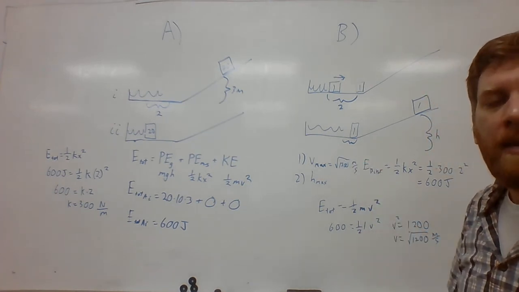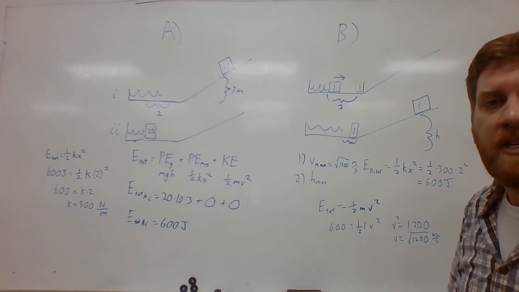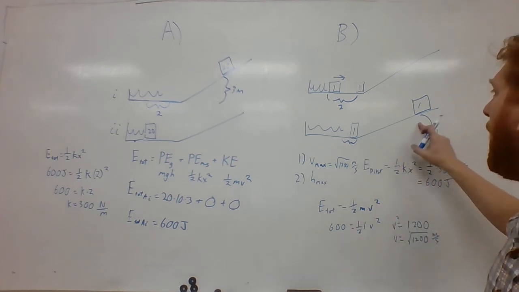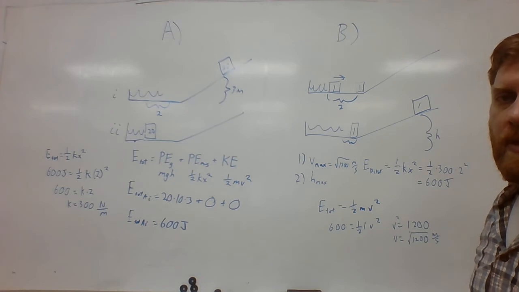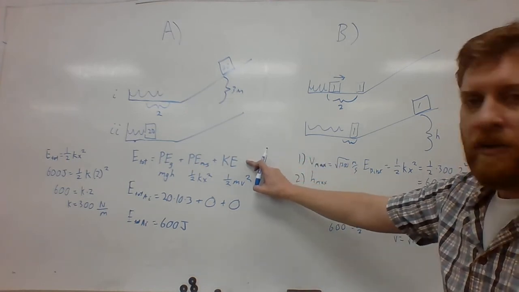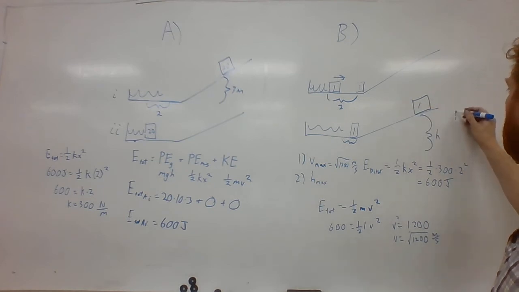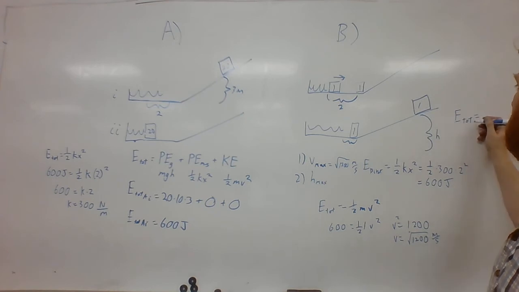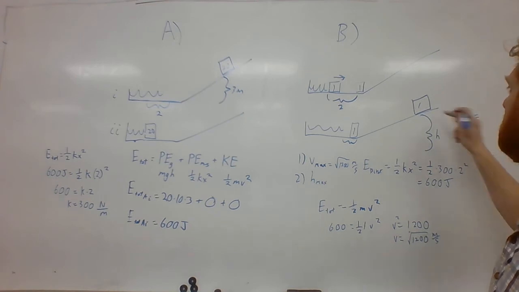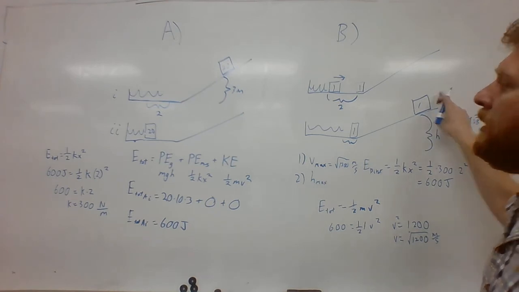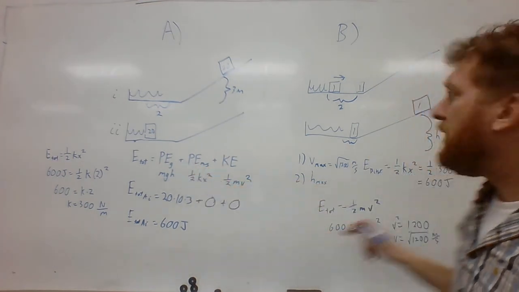Now let's do the same type of application of conservation of energy to how high does this mass go? Well, again, we look at our equation for the total energy. When this mass, let's write our equation out, E total equals, when the mass is up this ramp, there is potential energy associated with it.